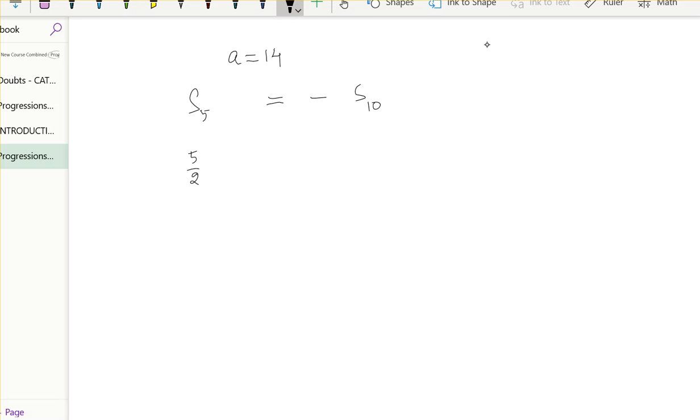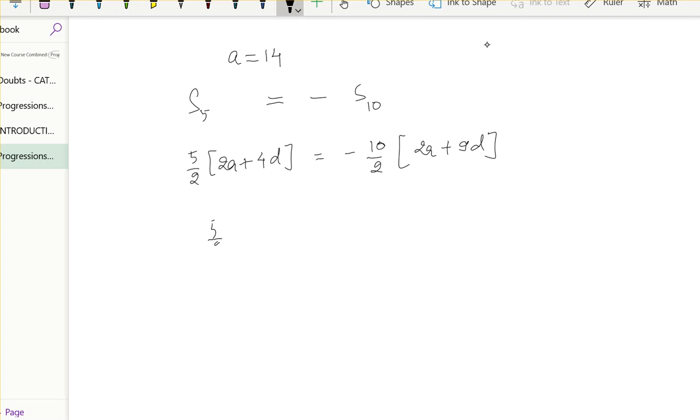That means 5 by 2 times (2a plus (5 minus 1)d, that is 4d) is equal to minus 10 by 2 times (2a plus (10 minus 1)d, that is 9d). We put the value of a also.